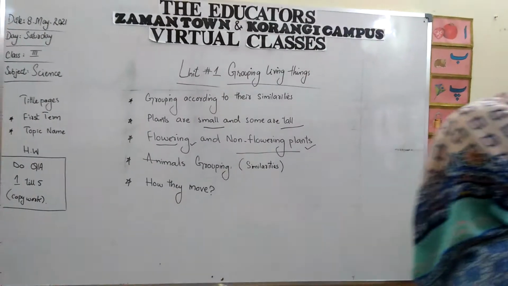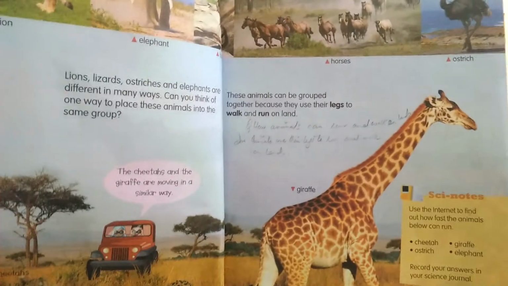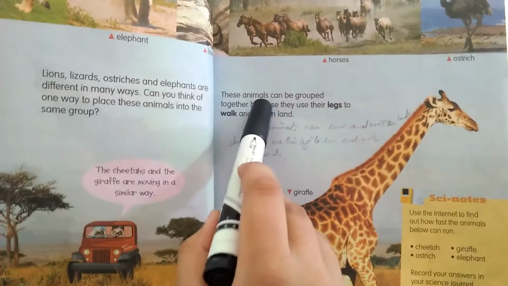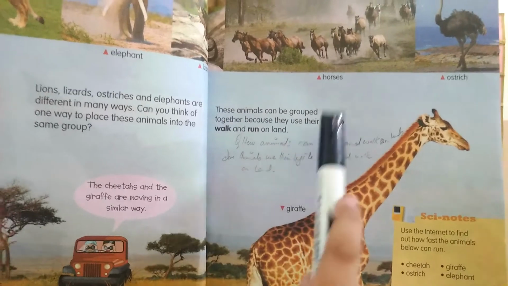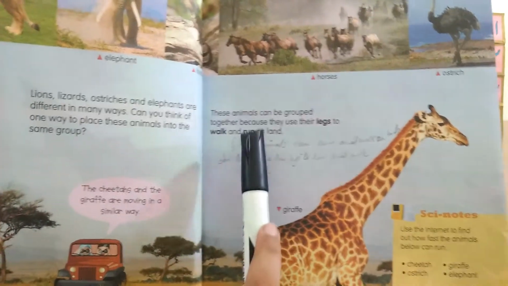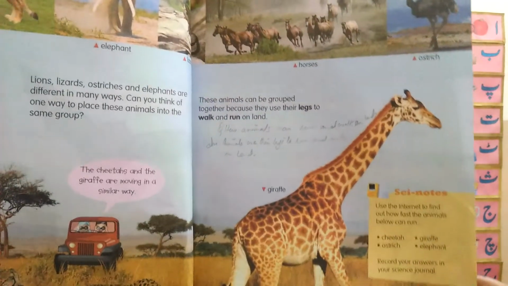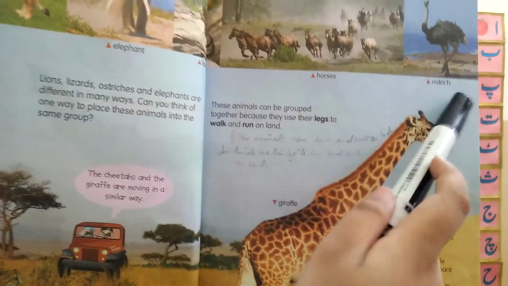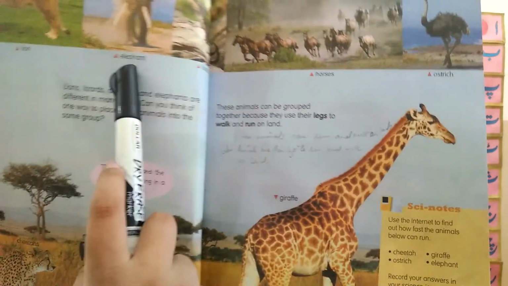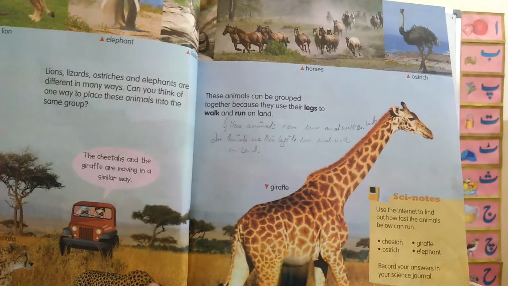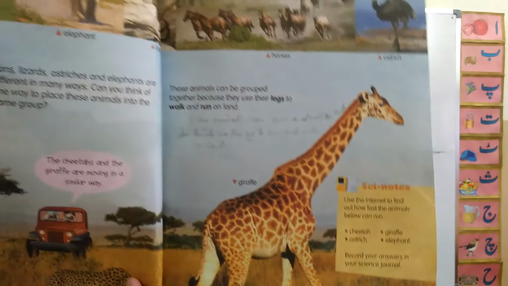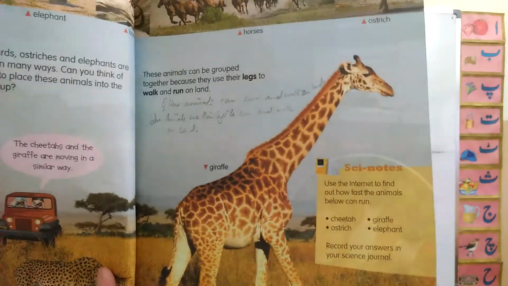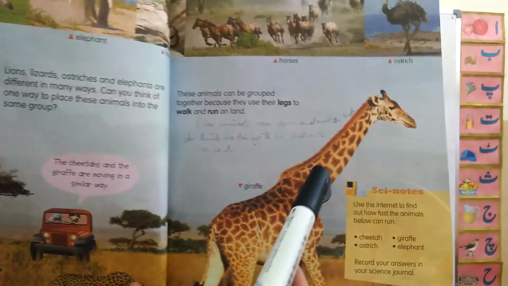These animals can be grouped together because they use their legs to walk and run on land. You can see an ostrich, horses, elephant and lion. These legs help them to walk, run on land and move.